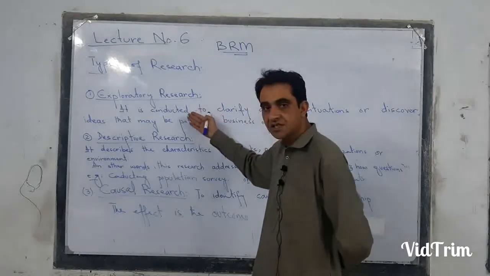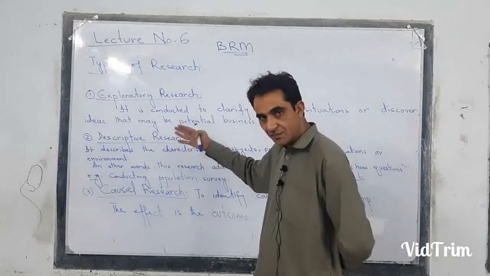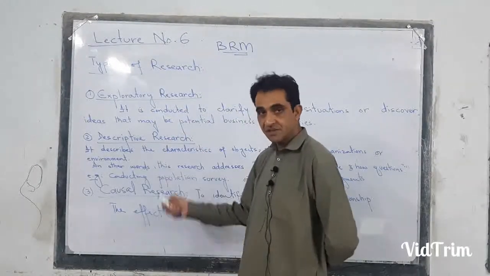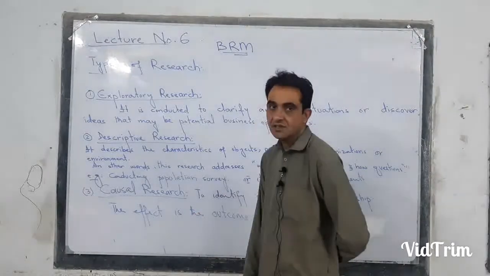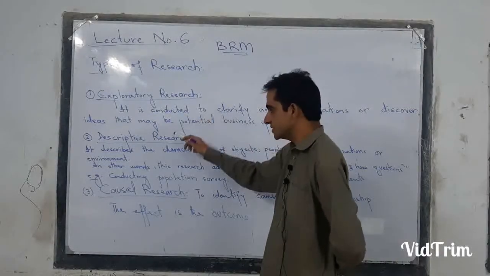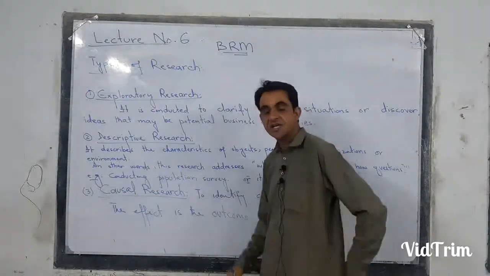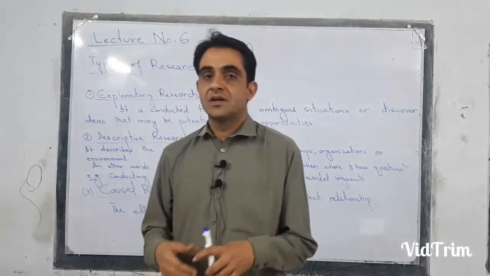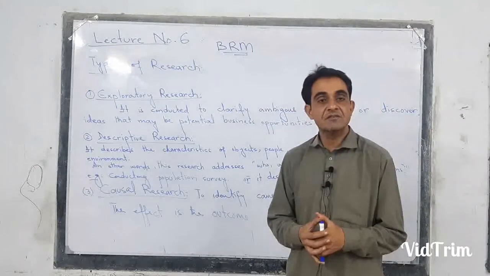Exploratory research provides building blocks for descriptive research, and descriptive research is the building unit of causal research. As we move from exploratory research to descriptive research, and then to causal research, it becomes more complicated. So now, starting from the first one, exploratory research.